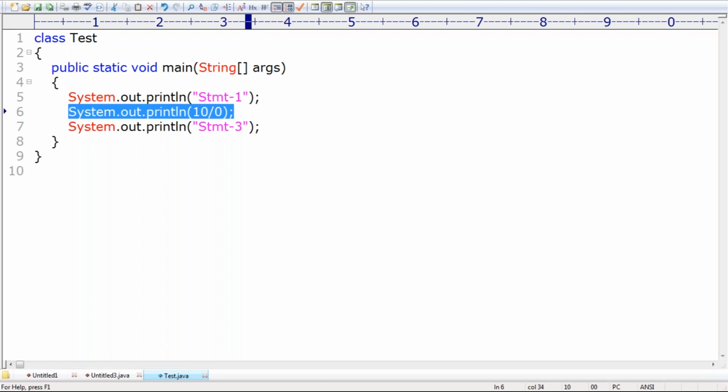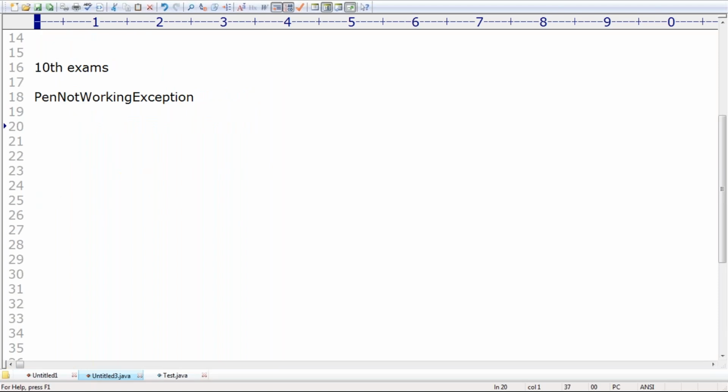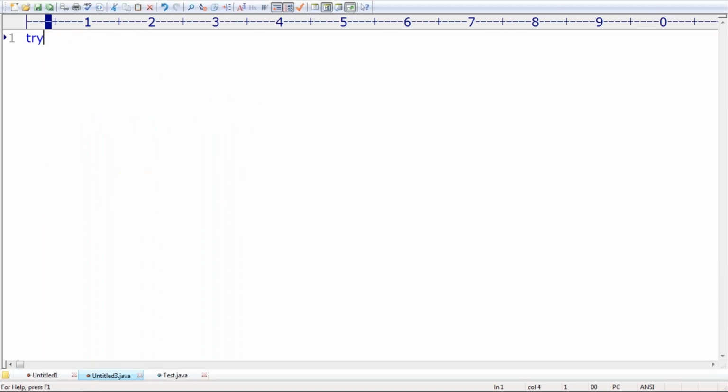That risky code we have to take inside the try block. Are you able to understand, right? The risky code we have to take inside the try block. Next, in this risky code, if any exception is raised, immediately in the corresponding catch block, we have to write handling code.